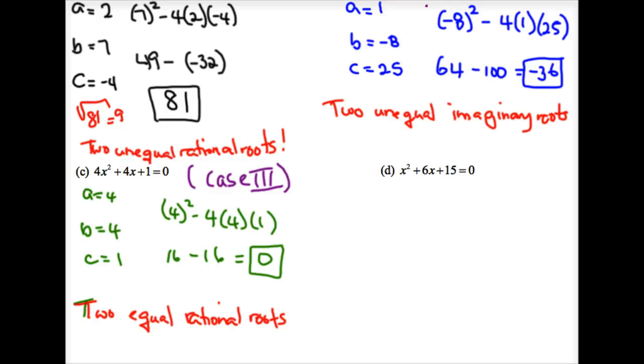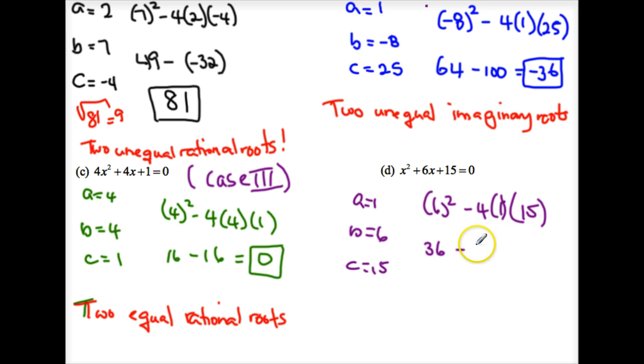Okay, so my A is 1, my B is 6, my C is 15. My discriminant becomes 6 squared minus 4 times 1 times 15. 6 squared is 36, take away 4 times 15, which is 60.